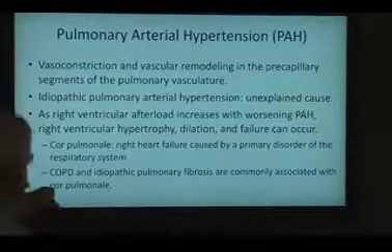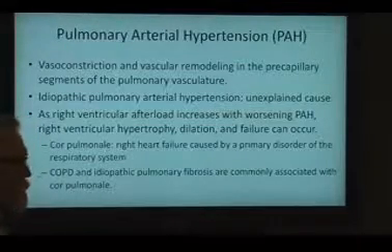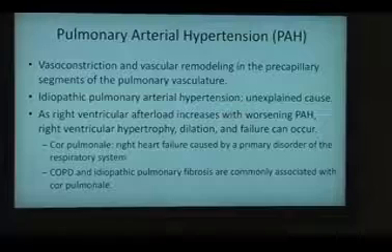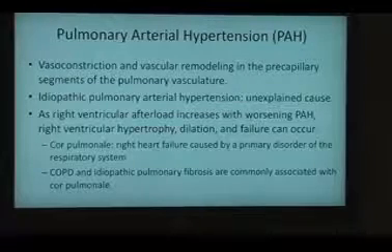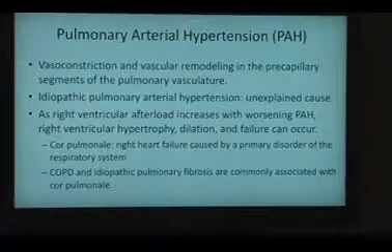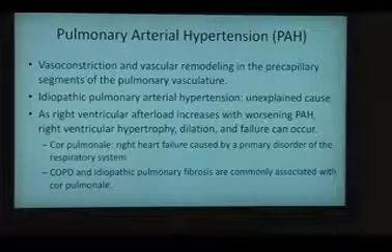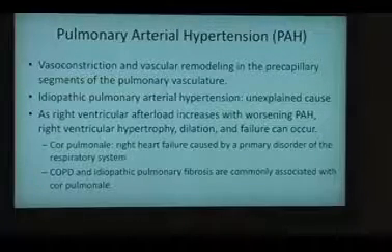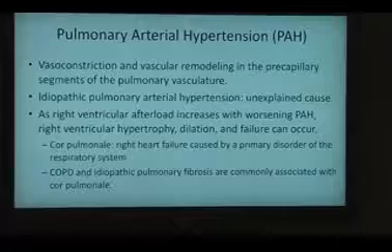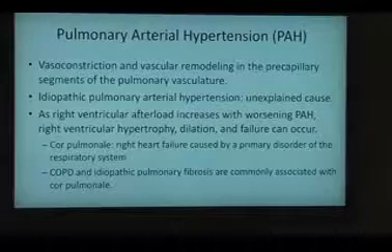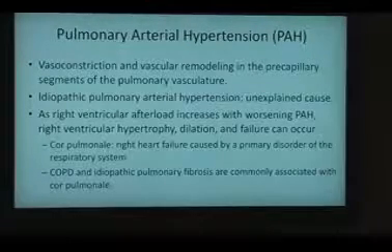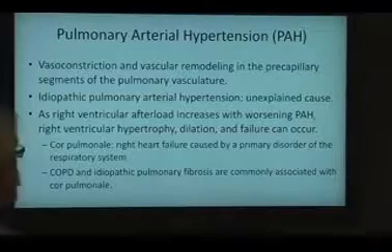And the most common causes of cor pulmonale are COPD and idiopathic pulmonary fibrosis. And patients with COPD typically have pulmonary arterial hypertension, and they also have cor pulmonale or right heart failure. And by administering oxygen therapy, we can reduce the amount of cor pulmonale.